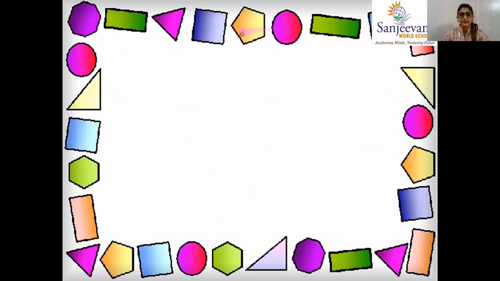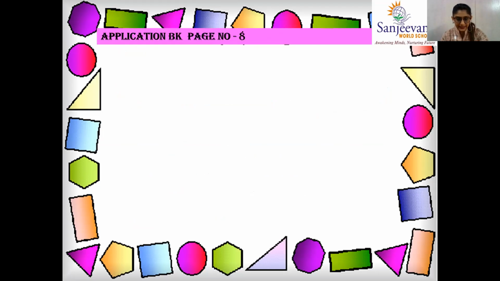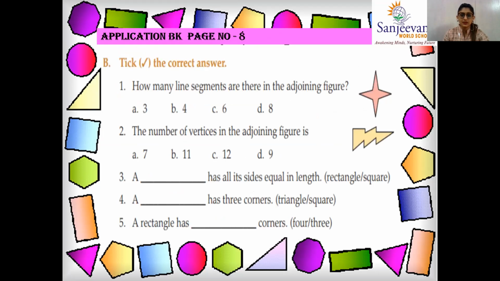Now page number 8. Tick the correct answer. First question, how many line segments are there in this adjoining figure? Count how many line segments are there. Yes, 8. Next, second question, the number of vertices in the adjoining figure. What is the meaning of vertices? Where two line segments meet at a point, a corner, that is called a vertex.